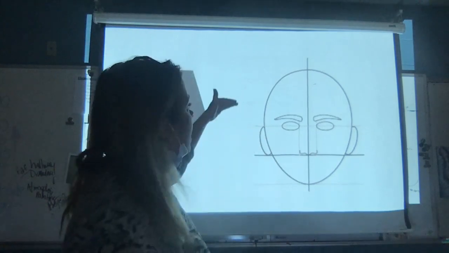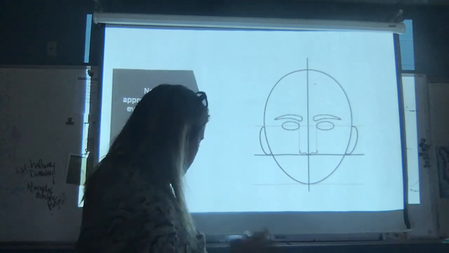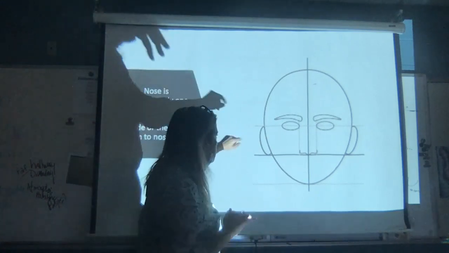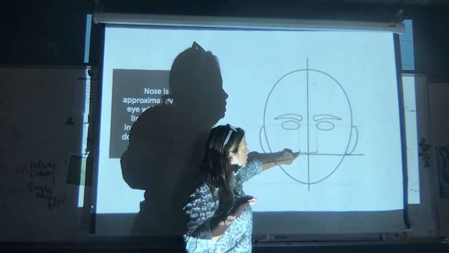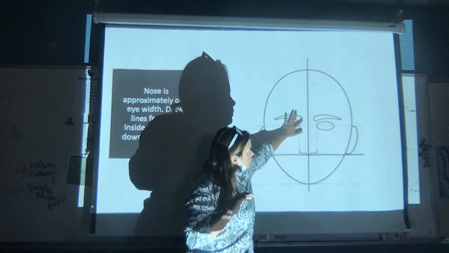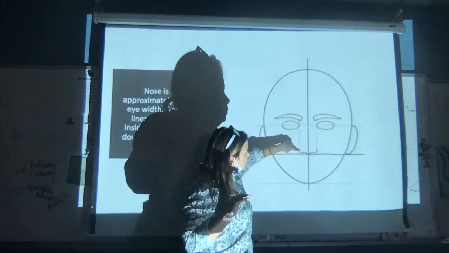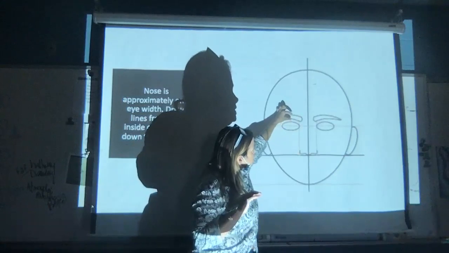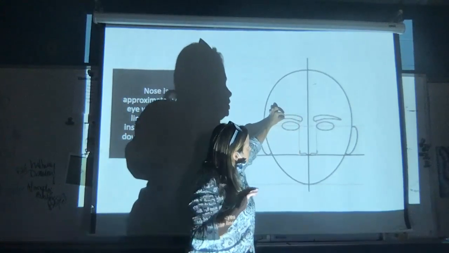You're going to put your eyebrows in. Most of us females already kind of know that our eyebrows start for the most part where the eyes start and where the nose ends. So you're going to draw it wider to narrow.